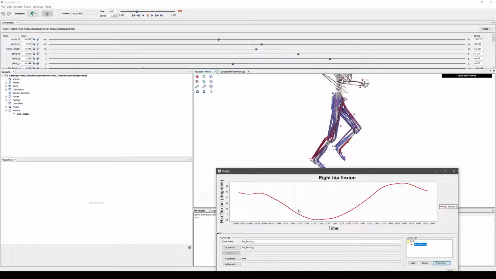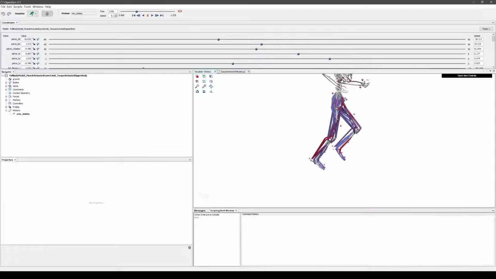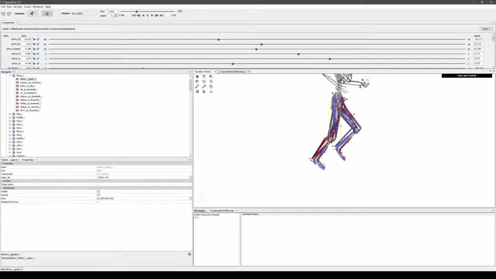But notice this, by the way, hopefully you can see this blue dashed line shows us what current time frame we're at. And notice right now we're at a little bit more than 0 degrees. We're at about 4 degrees of hip flexion, which means that the angle of the hip joint, the angle between this segment and the pelvis, is just ever so slightly more flexed than our neutral position.